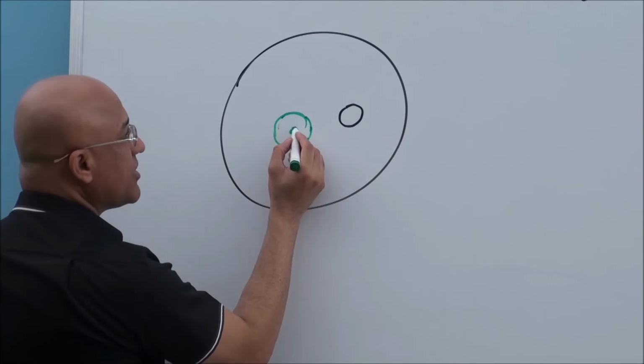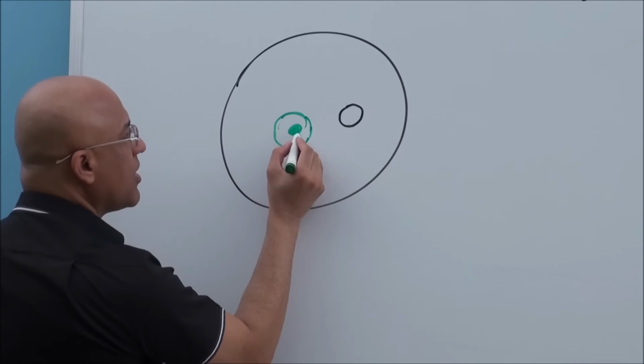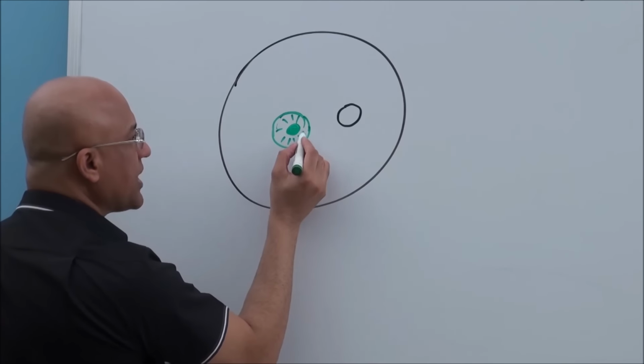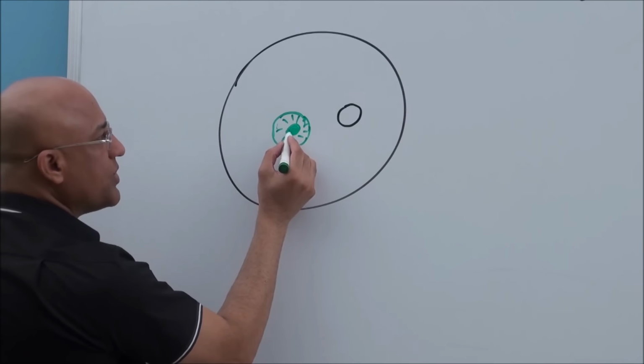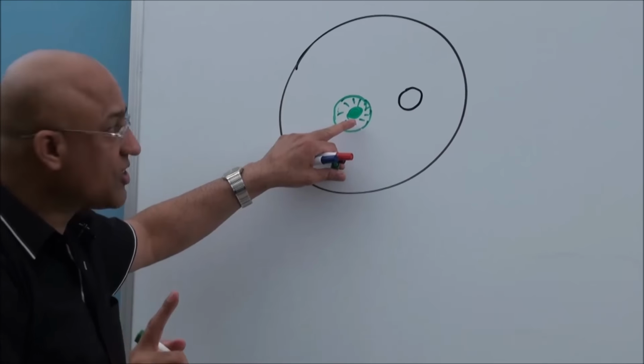This central area is almost the size of the disc, and this central depression is called fovea centralis. What is it called? Fovea centralis.